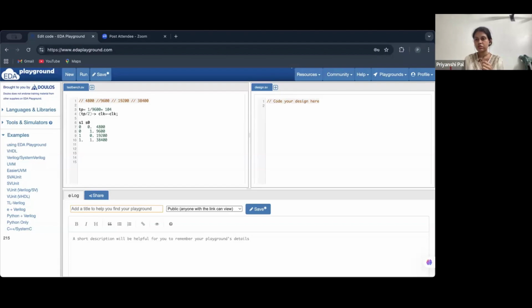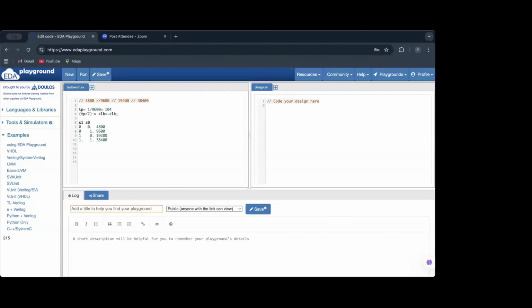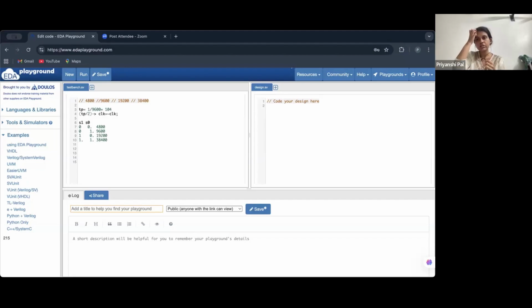So why do we have the start and stop bits? Again, it's for the receiver side to know that the transmission has started. If there are two devices, the second device won't know when the transmission is starting.